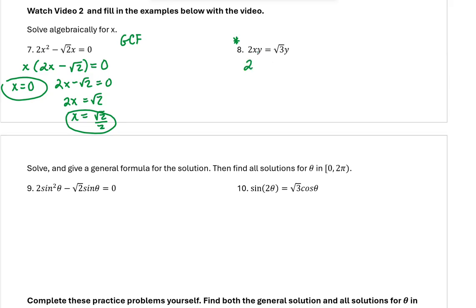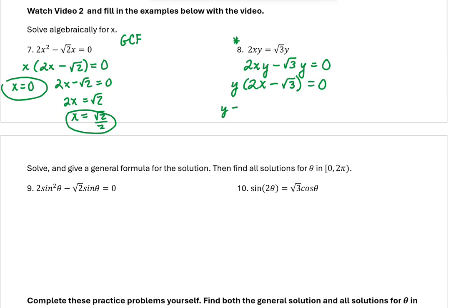Now notice that we have 2xy, and that's equal to root 3y. What we're going to do is get everything to one side: 2xy minus square root 3y, set equal to 0. Notice that y is common in both terms, so we factor out y, and once we divide out y, we get 2x there, minus square root 3 there, equal to 0.